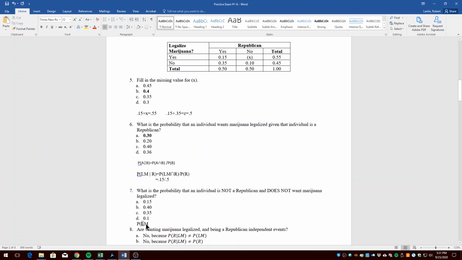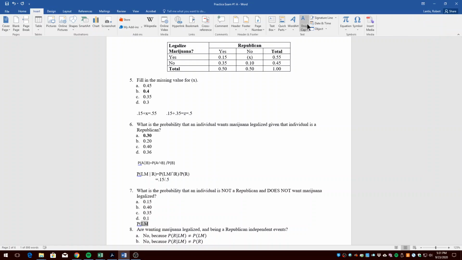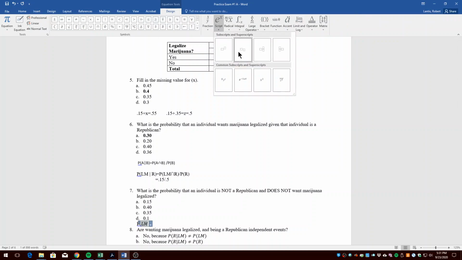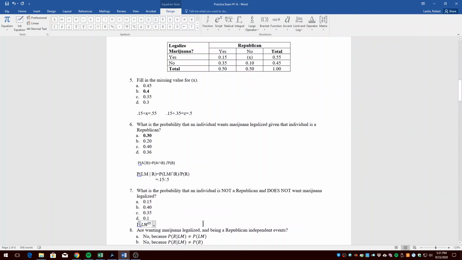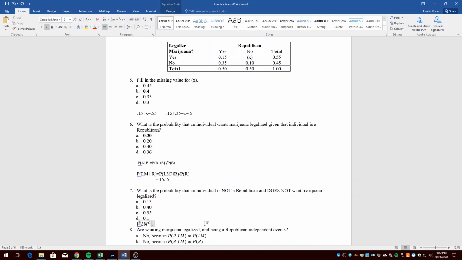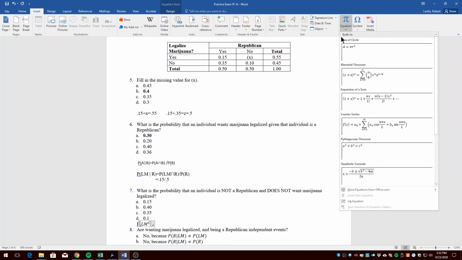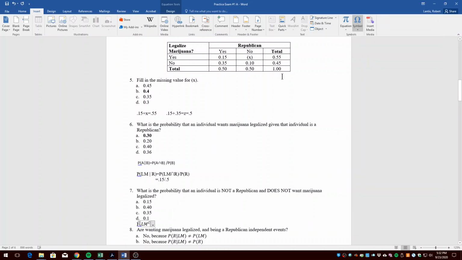So we could call this LM complement, and let's just make this an equation. So LM complement, and then we'll add in this "and" sign.